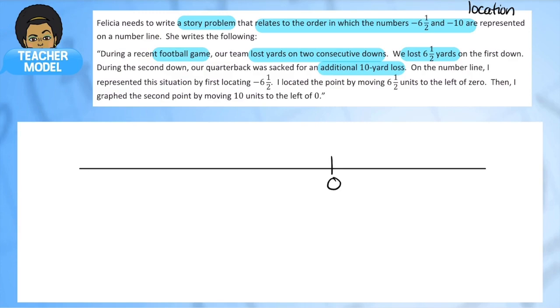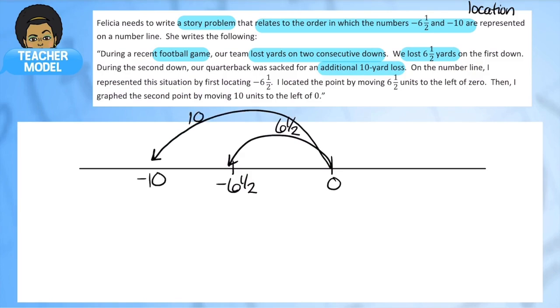First, by locating -6.5, because that's the first situation. So she moved 6.5 from 0 to the left of 0, and then she grabs the second point by going from 0, 10 yards to the left, to -10.